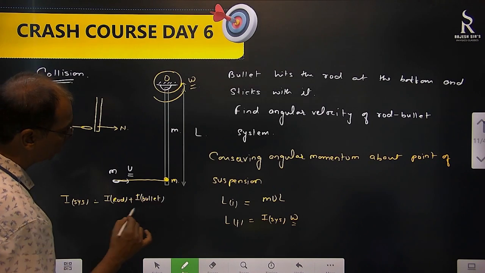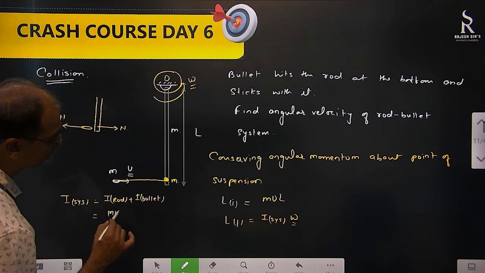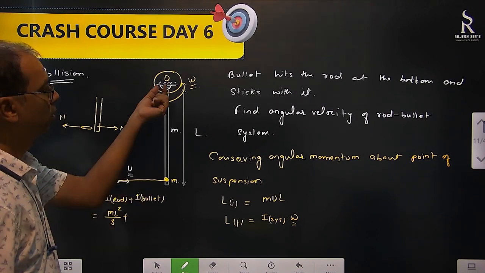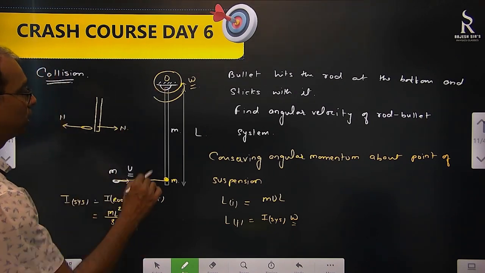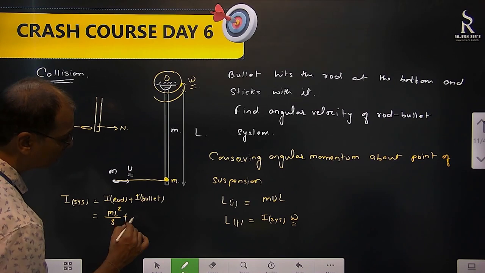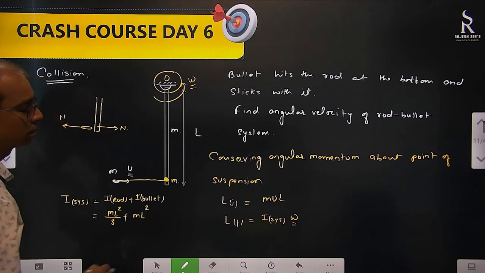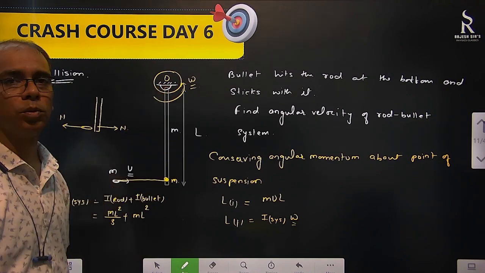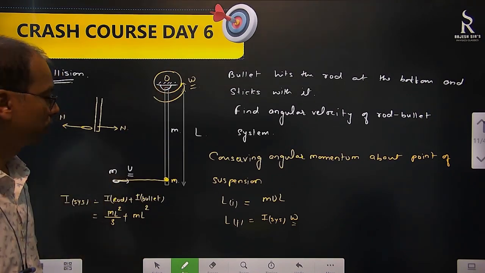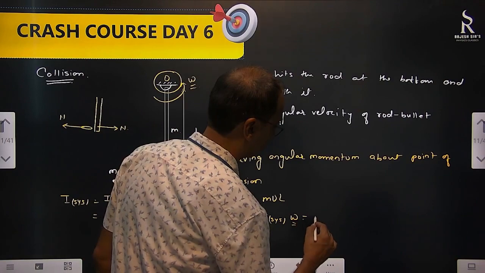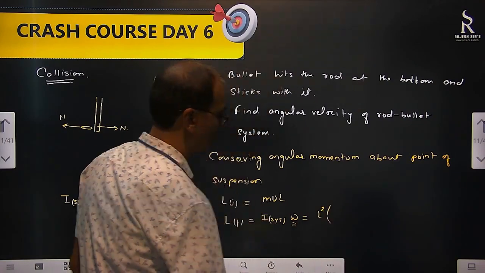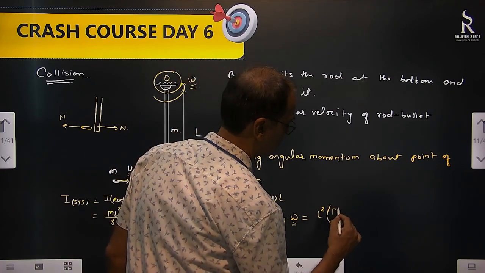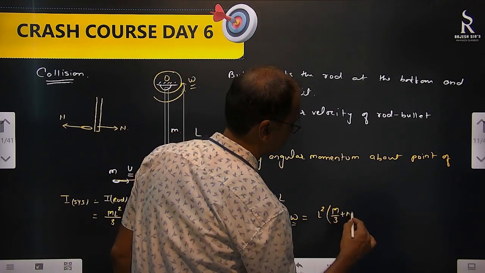I of rod means ML square by 3, about one end only, plus for this particle mL square, the moment of inertia of a single particle about this point. L square you can take common, then you have (M by 3 plus m) into omega.